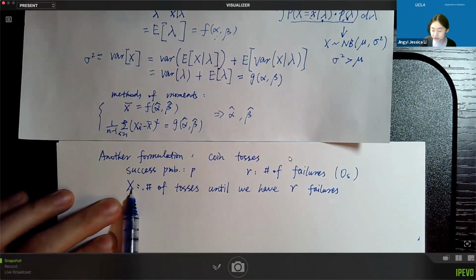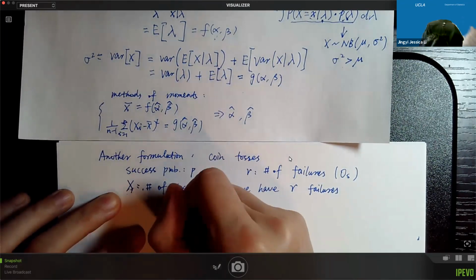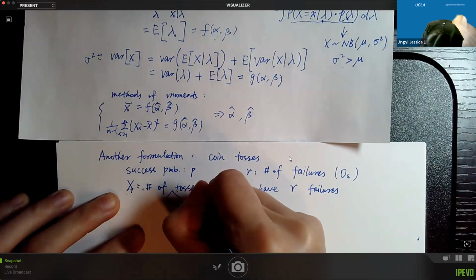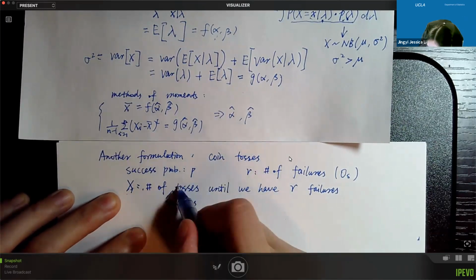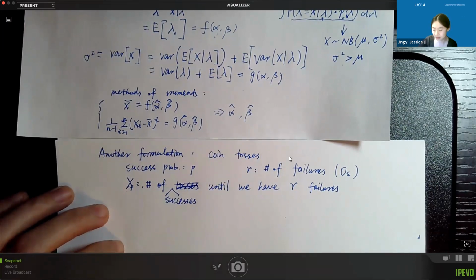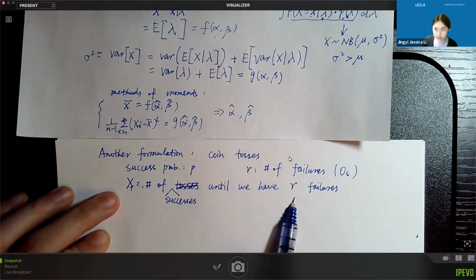And then you can imagine, what are the possible values of X? The minimum has to be, sorry, I said the number, my bad. The number of successes, not tosses, right? The number of successes until we have R failures. So in other words, when you stop, you have a total of X plus R tosses.